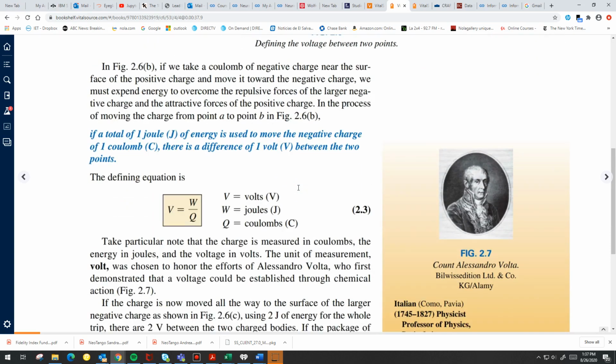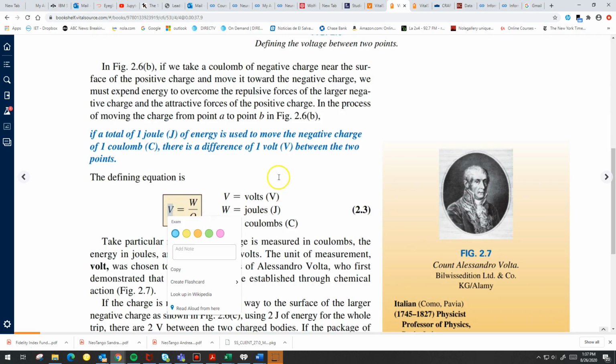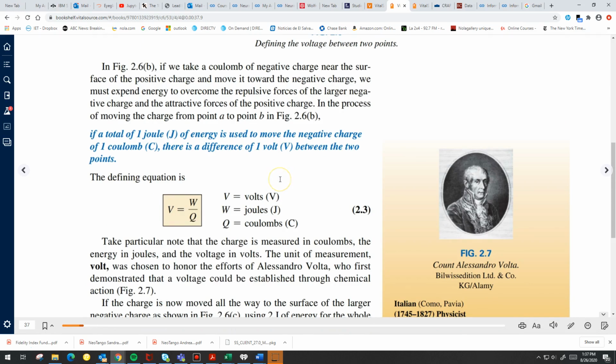So the definition in equation form, we can define voltage, capital V. Normally, in a lot of these parameters, we're going to use capital V for DC voltage, and lowercase v when it refers to time-dependent voltage.